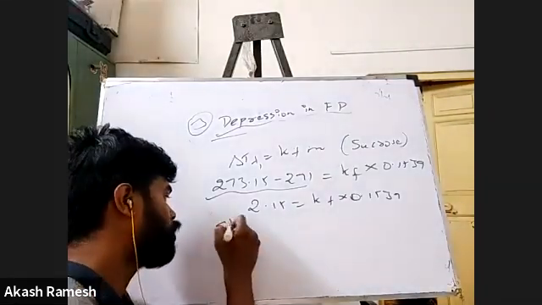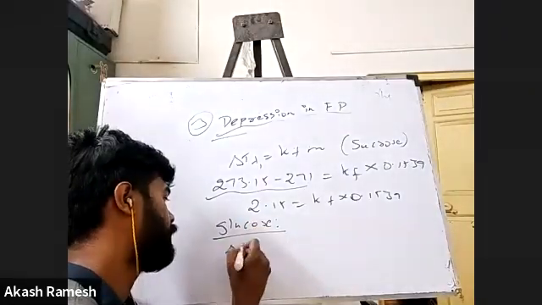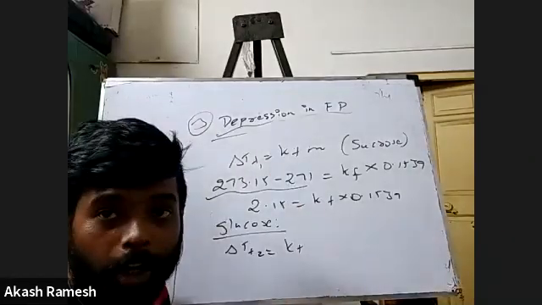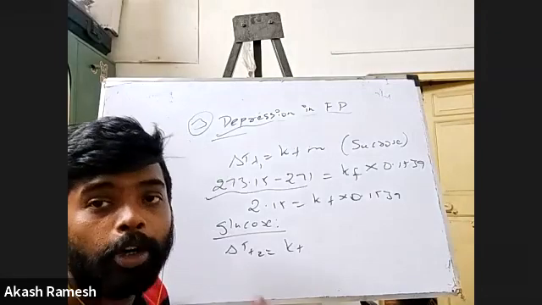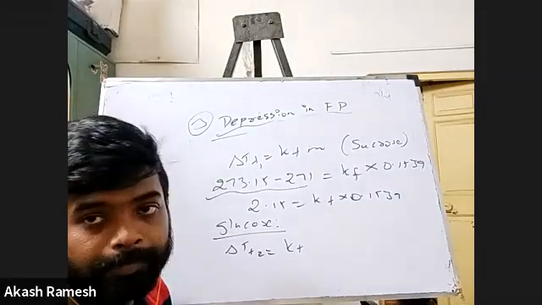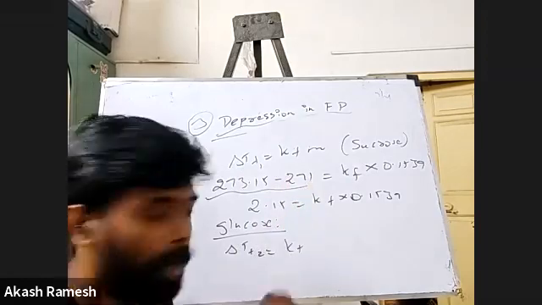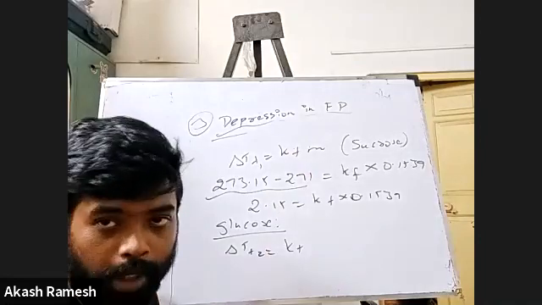So for the glucose solution, delta TF2 is equal to KF, same KF only, because both are aqueous solutions. In both cases, the water is the solvent. I told you KF depends on the solvent, right? So in the first case also it's water, second case also it's water. So the KF value is not going to change. KF is KF.